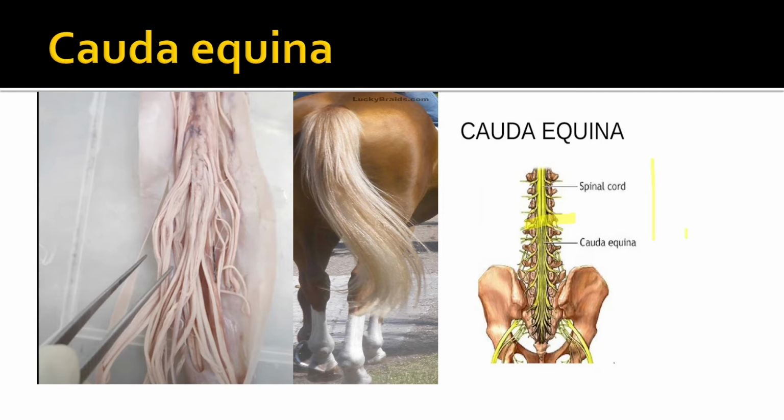The nerve roots emerging are called the Cauda Equina. So you remember, L2 downwards. And remember, this is the part of the peripheral nervous system. There is no involvement of the spinal cord because the spinal cord ends at the lower border of L1.